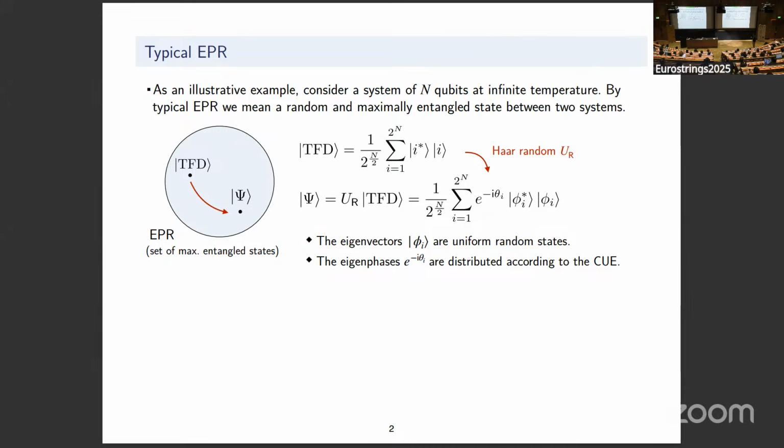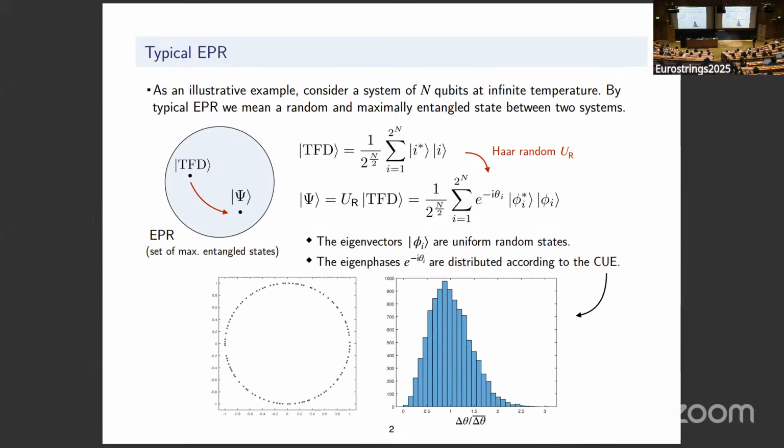For us, the important property is that if you focus on the wave function of a typical EPR, the nearby eigenphases tend to statistically repel each other. One can see this empirically just by taking some high-dimensional unitary and plotting its eigenphases on the unit circle. With this information, one can make a histogram of the eigenphase separation between nearby eigenphases.